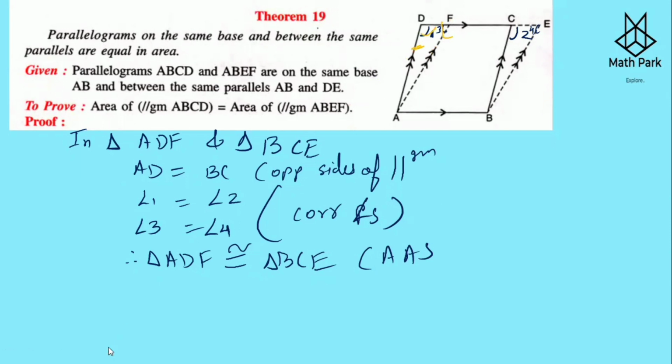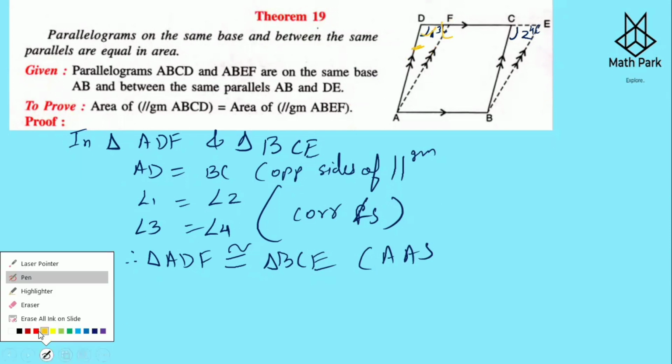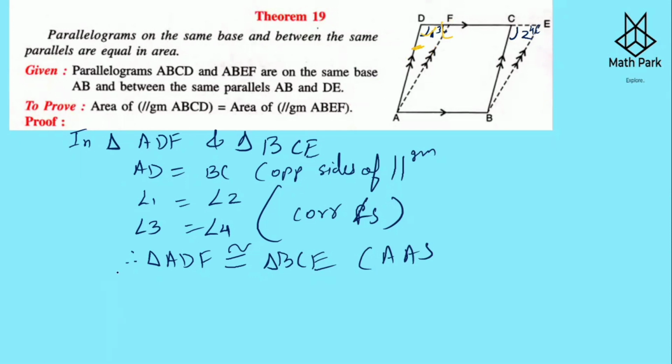Got it? So this is how these two triangles are congruent. Now, if the triangles are congruent, their areas are equal. So therefore, you have area of triangle ADF is equal to area of triangle BCE. If the triangles are congruent, their areas are equal.